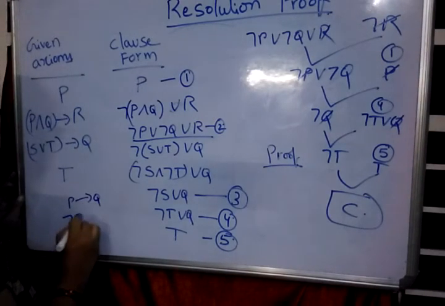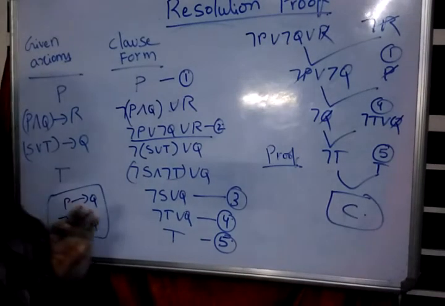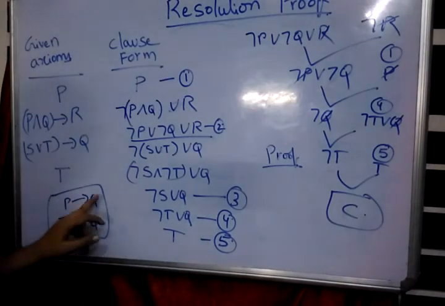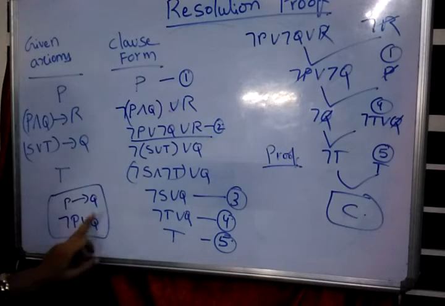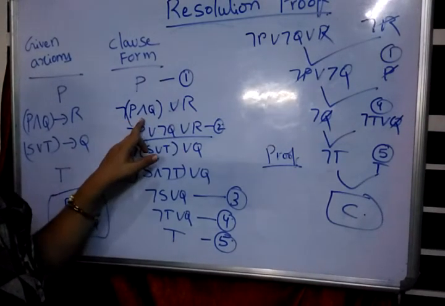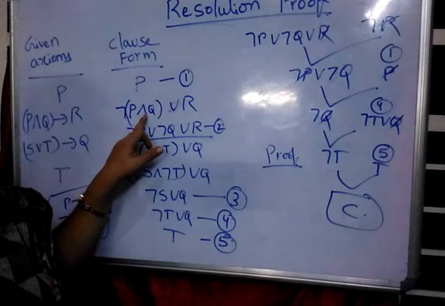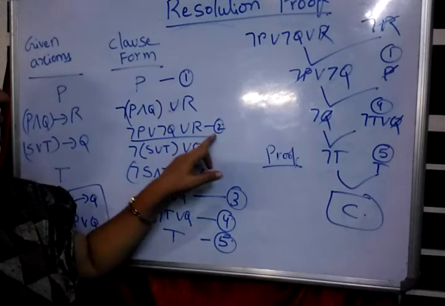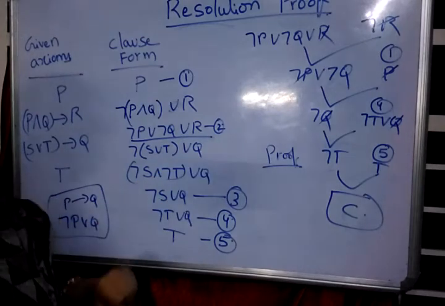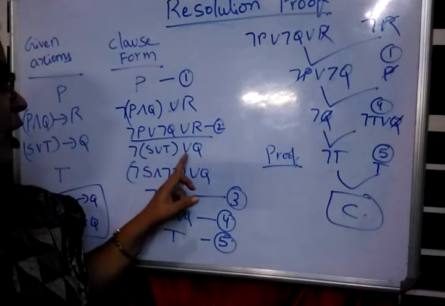P implies Q means negation P or Q. You have to remember this; it is one way of converting to clause form. So negation of P and Q, or R, becomes negation P or negation Q or R. I have given this as equation number 2.